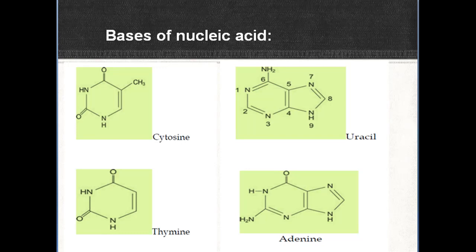Purine has both a 6 and a 5-member ring, but pyrimidine has a single 6-member ring. Purines are numbered in the anti-clockwise direction, while pyrimidines are numbered in the clockwise direction. Cytosine, thymine, uracil are the types of pyrimidine, whereas adenine and guanine are the types of purine.